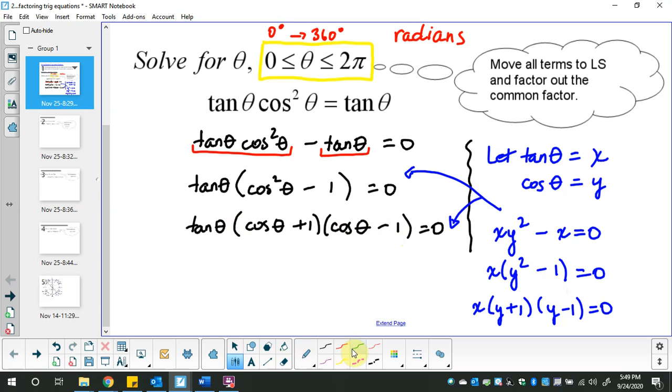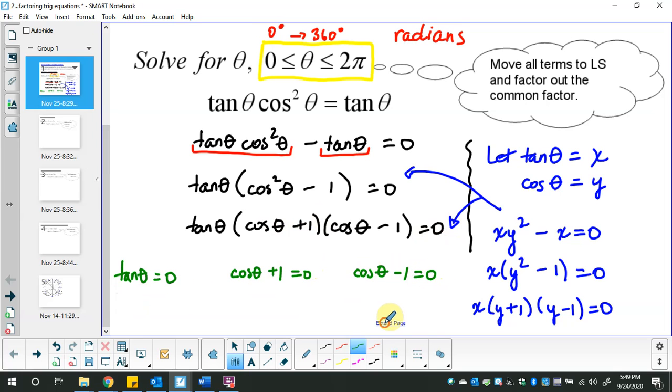So now I can do the little green writing. The green writing I'm going to do here is tan theta equals 0. That's this piece equals 0. Or cos theta plus 1 equals 0. That's this piece equaling 0. And cos theta minus 1 equals 0.